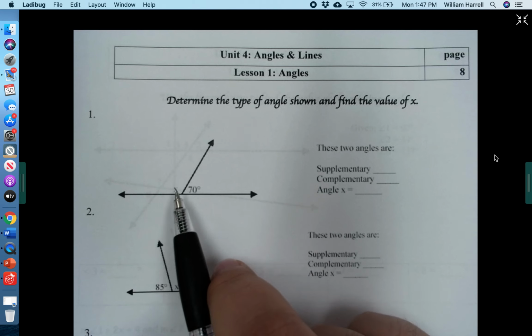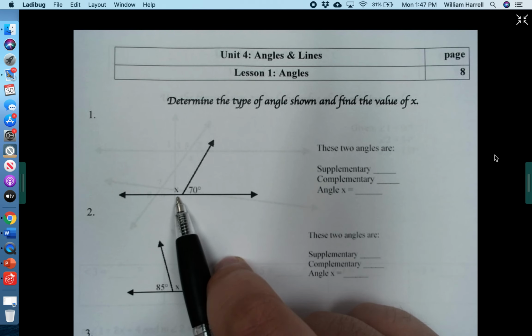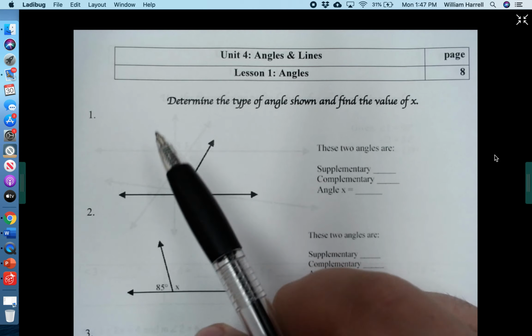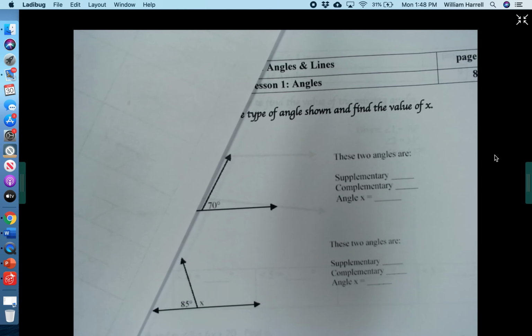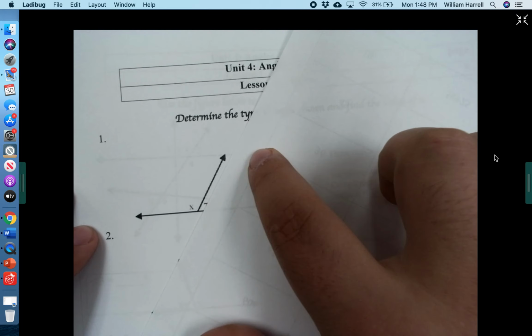When I'm trying to find x, I have to run through a thought process, and that thought process is, this is an angle by itself. Okay, this is angle x, and this angle right here has a measure of 70 degrees. The measure of this angle is x.